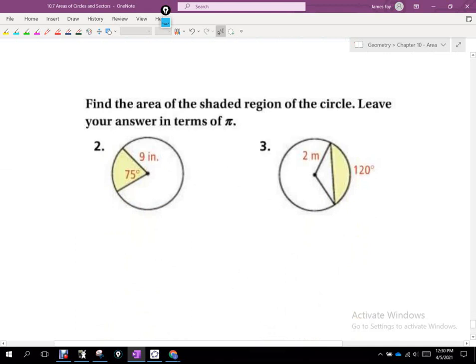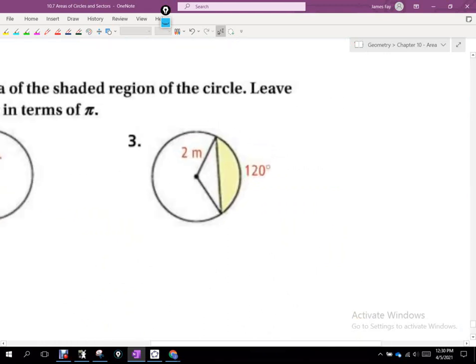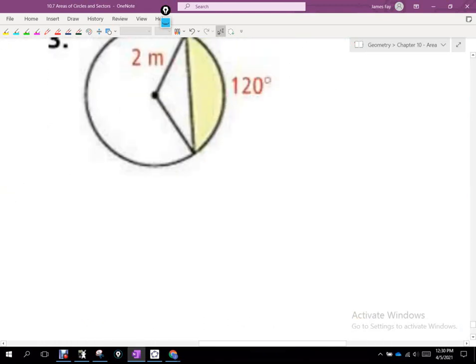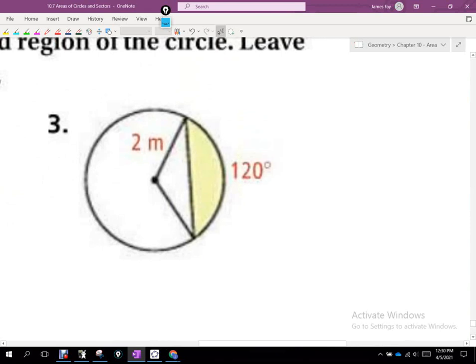Why don't you guys take a minute and see what you can come up with for, do number 3 here first. So we'll find the area of that yellow region.